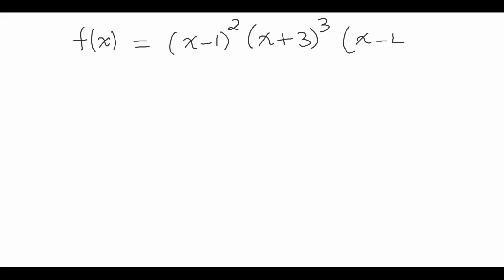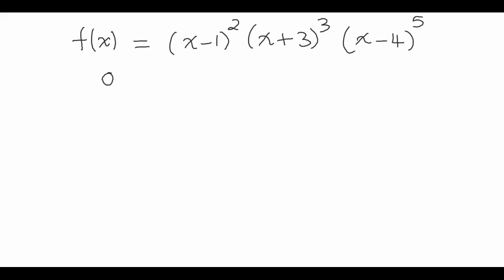So for example, I'll just review quickly before I move on. Suppose I have f of x equal to (x minus 1) squared (x plus 3) cubed (x minus 4) to the fifth. The zeros we already learned, so I'm just going to go really quick.